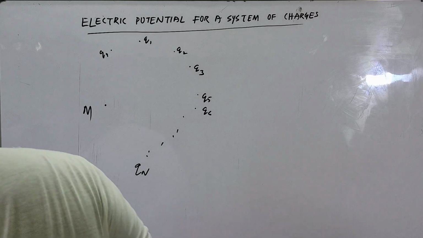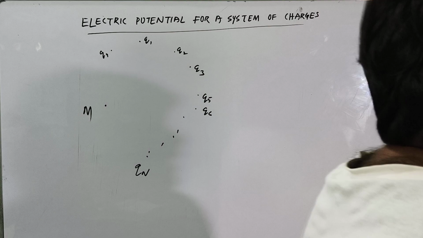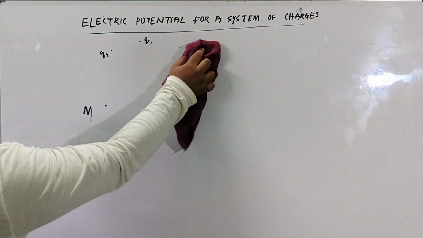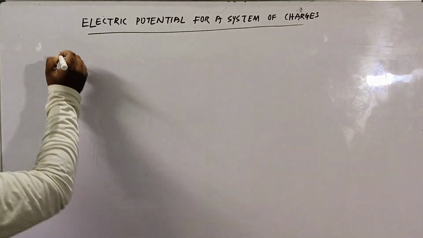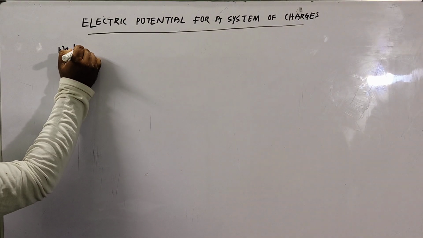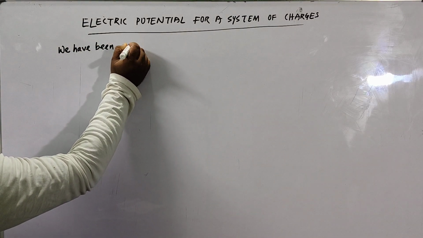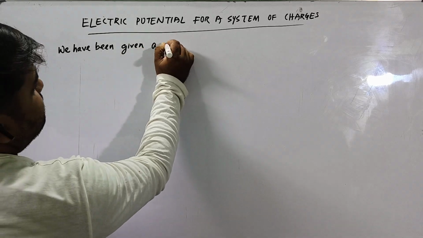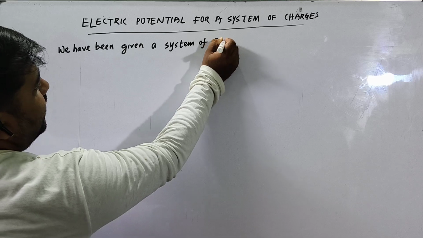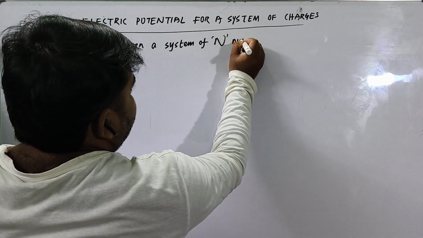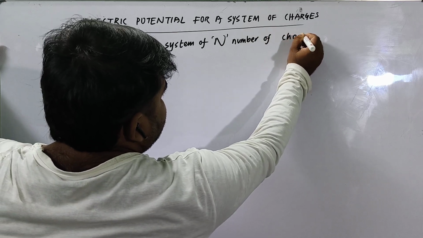We have to make it a little smaller so that we can fit in our statements. So write the statement: we have been given a system of n number of charges.